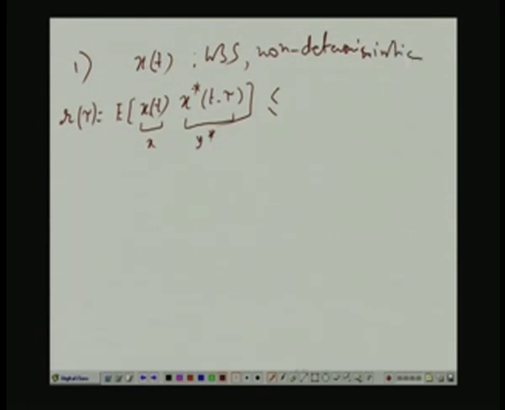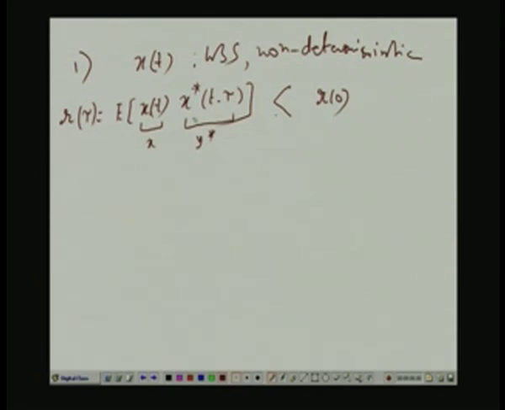So, this will be strictly less than sigma_x square times sigma_y square. What is sigma_x square? That is the variance of the process x(t), that is E of mod x(t) square. Because of stationarity, that will not depend on t, so you can say R(0), which is real and positive in our case.